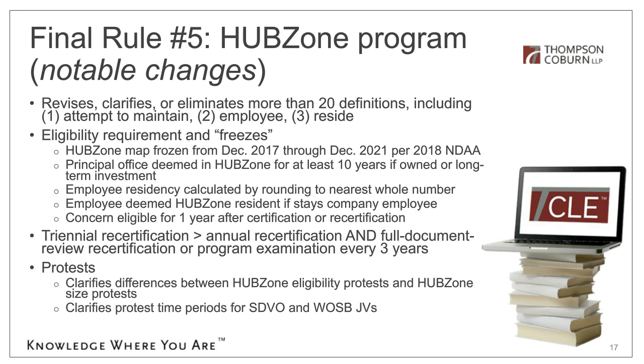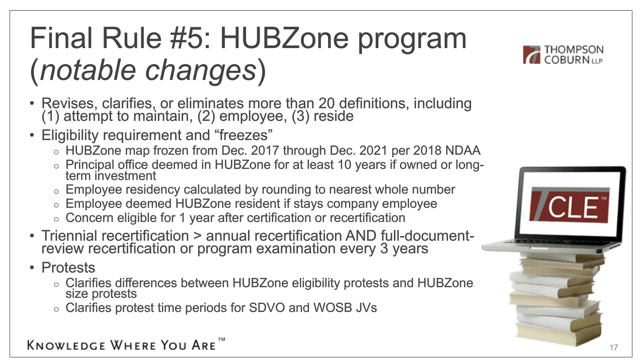So the first is that the rule revised or clarified or eliminated more than 20 definitions from the regulations. So there's a lot of things. If you've been working with somebody who is part of a HUBZone, or you're considering starting up one and they try to tell you what something means, there's going to be a lot of things that are different and that you need to make sure to go and look at.